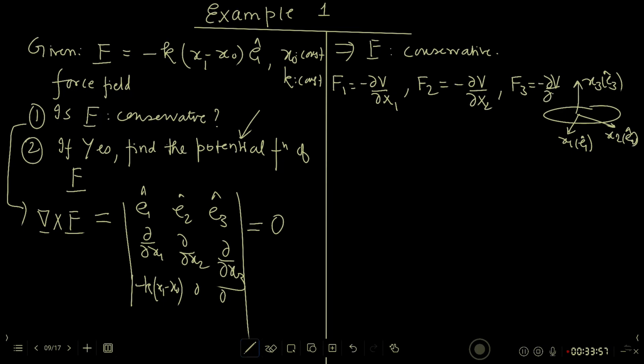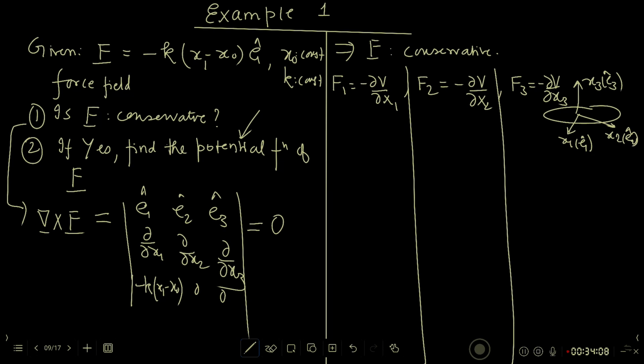We will use all three of them to find V. If F1 is minus del V del X1, I am going to integrate this equation first. So F1 I know is minus K times X1 minus X0, that is minus del V del X1. Let's integrate this with respect to X1.